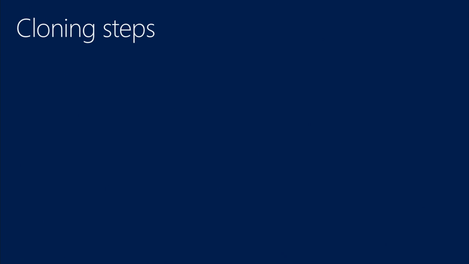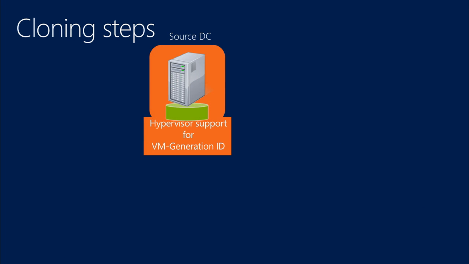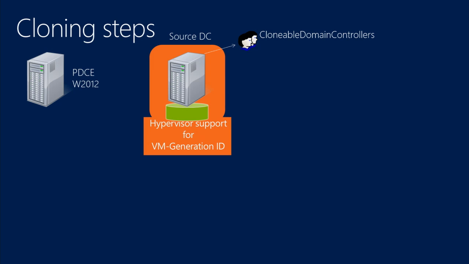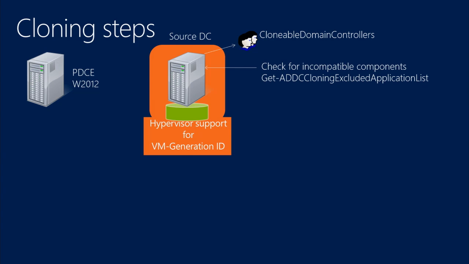Okay, if we do DC cloning, cloning is very similar in terms of its reliance on the VM generation ID GUID. So we're dealing with cloning in a virtual environment. We need a PDC emulator, which is Windows 2012. We need the source we're going to clone to be in the cloneable domain controllers list. We need to check a compatibility list to see if it's cloneable.